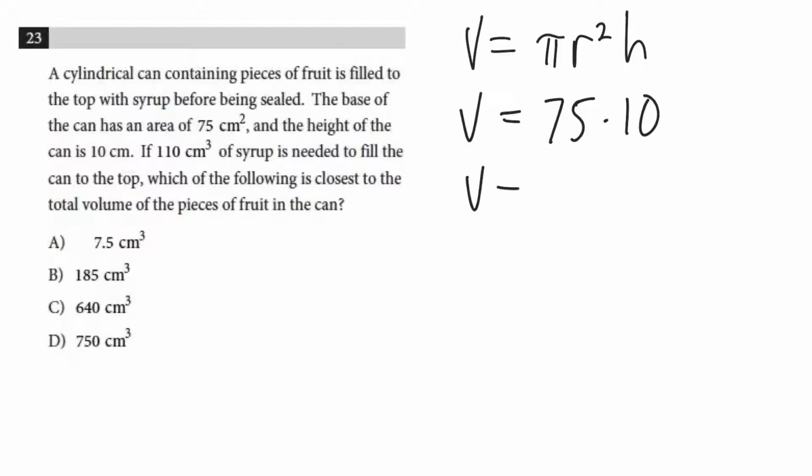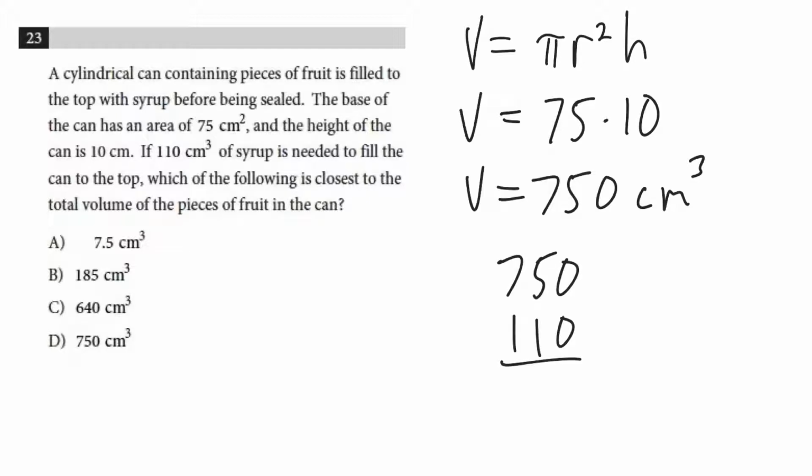So the volume of the can is 750 cubic centimeters. We know that we used 110 cubic centimeters for the syrup, so that means that before the syrup was added, there must have been, well, let's see, 640 cubic centimeters of fruit.